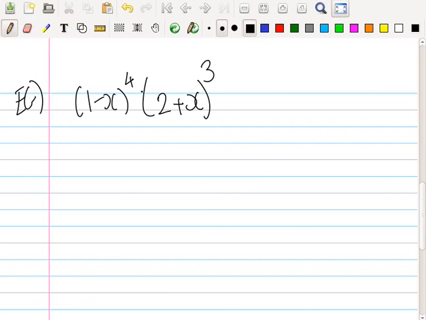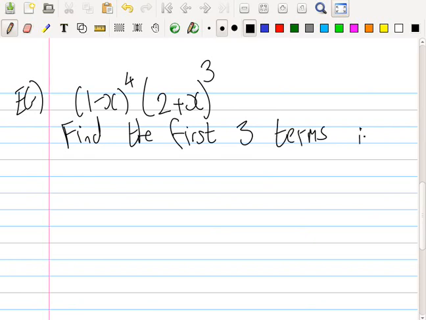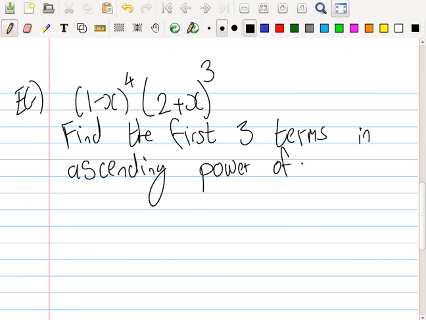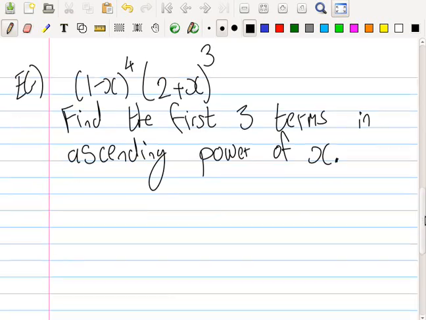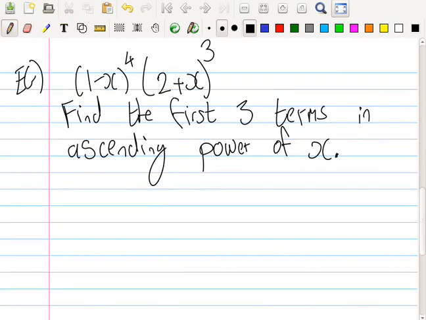But the question will often say, find the first 3 terms in ascending power of x.